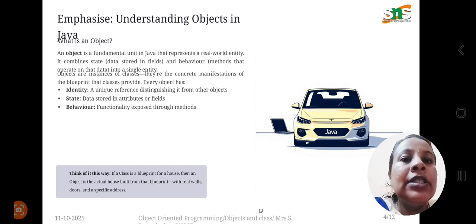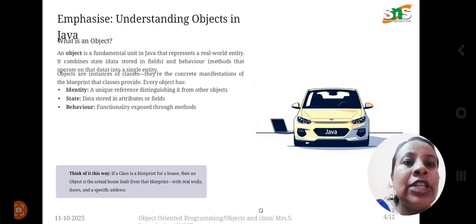An object is an instance of a class, a concrete manifestation of the blueprint that classes provide. Every object has three characteristics: identity, a unique reference distinguishing it from other objects; state, data stored in attributes or fields; and behavior, functionality exposed through methods.